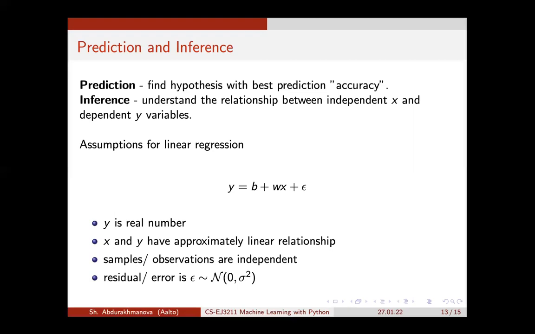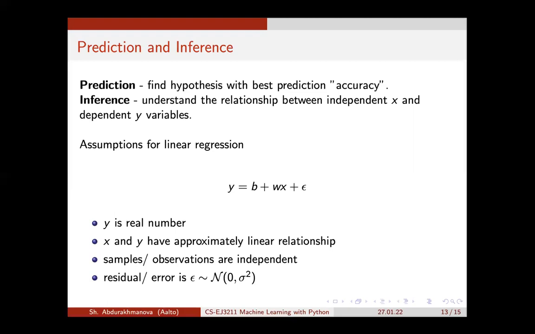Some of the assumptions are, for example, that, as I said, y, the response variable, is a real number, it's continuous. Then you need to check if the features and labels have an approximately linear relationship.